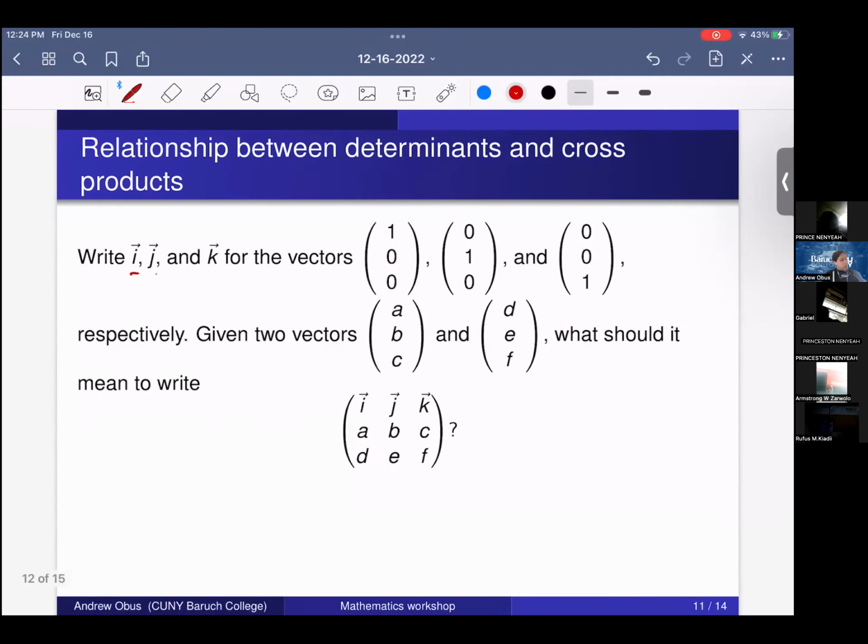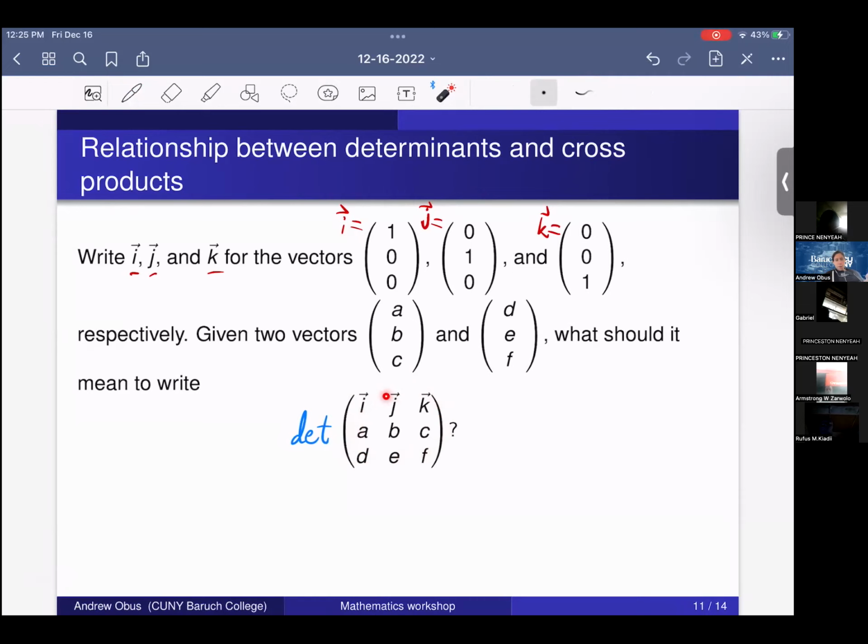We call them I, J, and K. So this is I, this is J, and this is K. These vectors are special enough that we give them names. They're the vectors that everything is built out of. I realize I messed up. I should say, if I have two vectors A, B, C and D, E, F, what does it mean to write the determinant of this matrix?